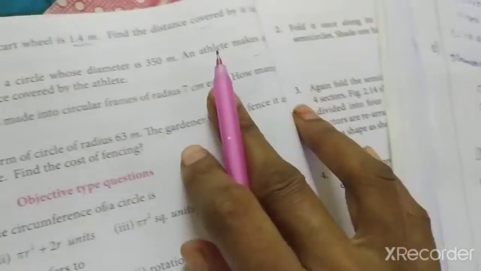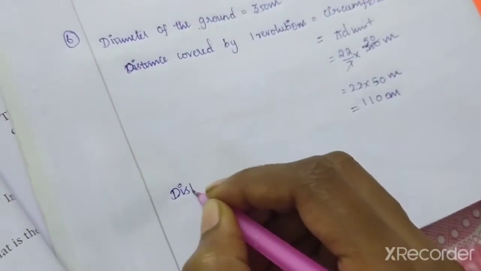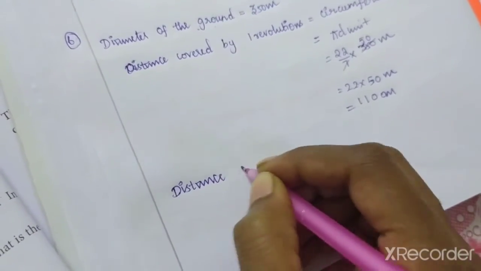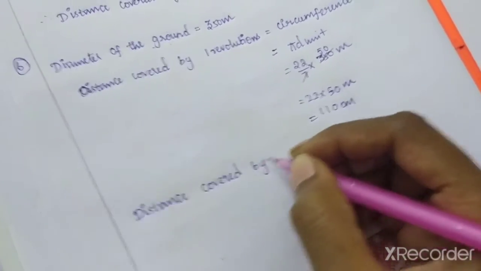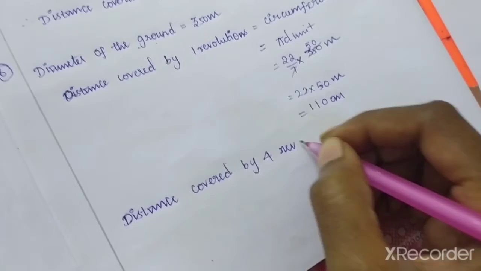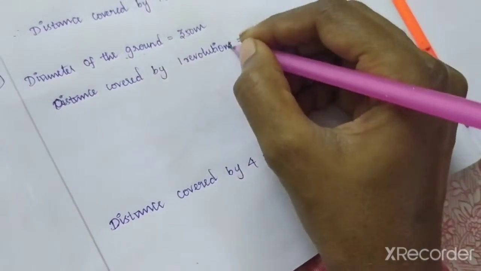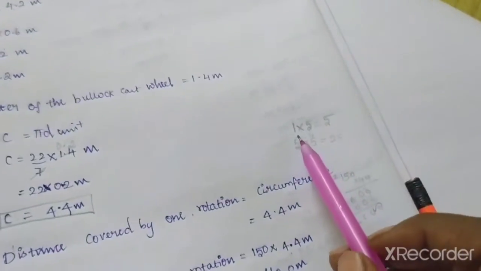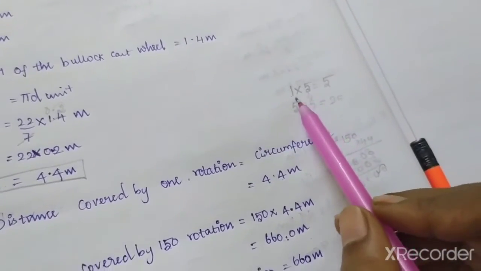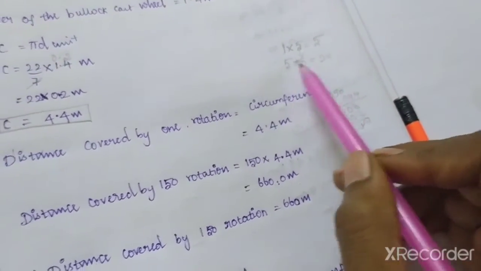But 4 revolutions means how much? So the distance covered by 4 revolutions is equal to, I already told, right? One chocolate for 5 rupees means 1 into 5, 5 chocolates means 5 into 5, 4 chocolates means 4 into 5.